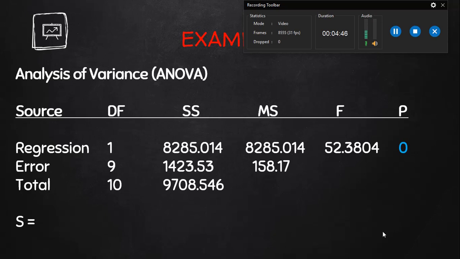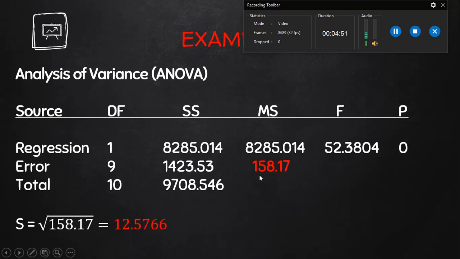In a previous lesson, we said that if you know what the mean square error is, and in this case it's 158.17, we square root that value, and it will obtain our sample standard deviation. If you recall back in possibly section 10.1, maybe early on in section 10.2, we did calculate our sample standard deviation by hand. When you know the value of the mean square error, it's even simpler.